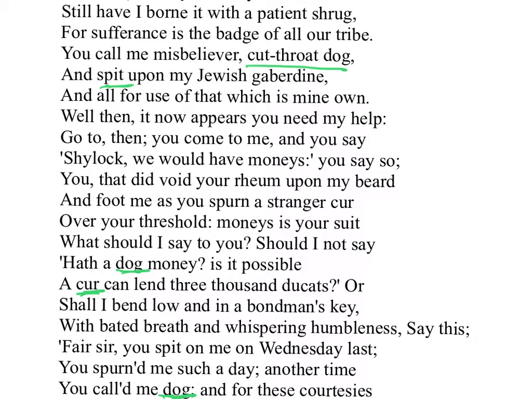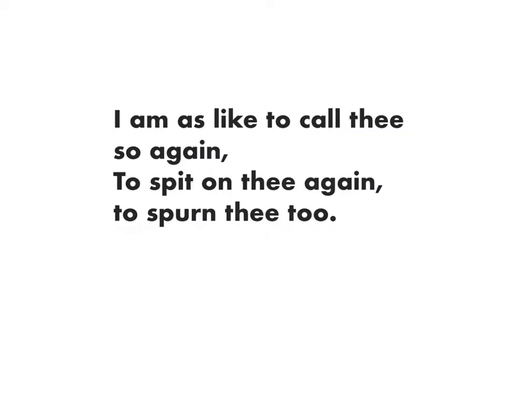So essentially the language point here is repetition of typical contemporary anti-Semitic insults. And so that enables Shakespeare to present Shylock as the victim and to increase our sympathy for him. Okay, so that is our first point for victim based on this speech, and your evidence is as I've highlighted.